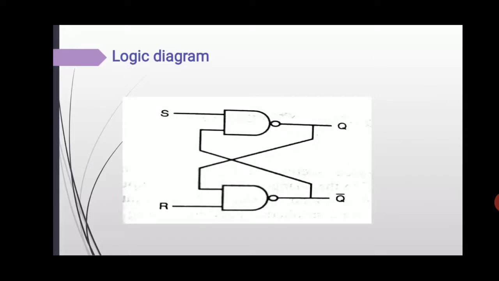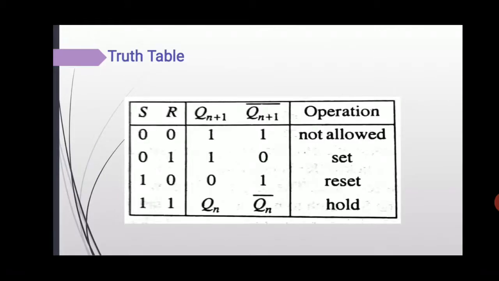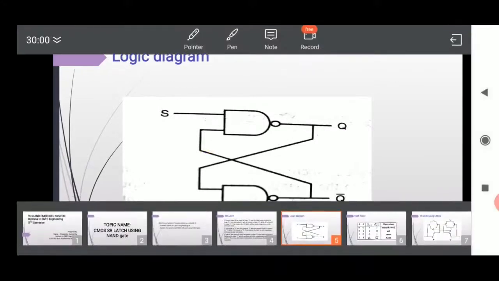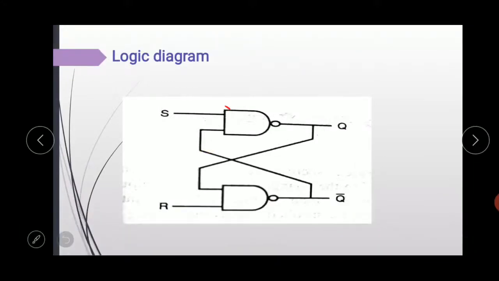Here you can see this logic diagram consists of two NAND gates. As we know, this is a 2-input NAND gate, so the truth table of the NAND gate contains 4 input combinations, that is 00, 01, 10 and 11.